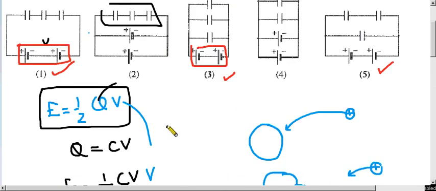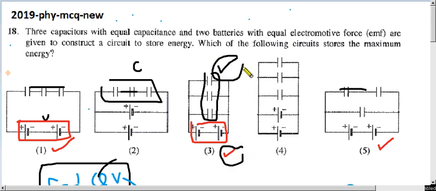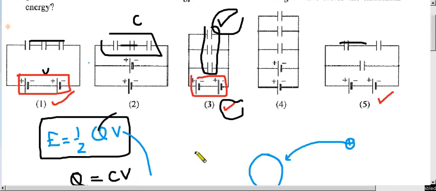So you have to select that sort of circuit. This one is wrong, it is series. This one also wrong, series. Then this one is correct, parallel. This one is correct for capacitors, but the batteries are wrong. This one is wrong because series. So there are two correct marks here, both are correct. So the answer is the third one.